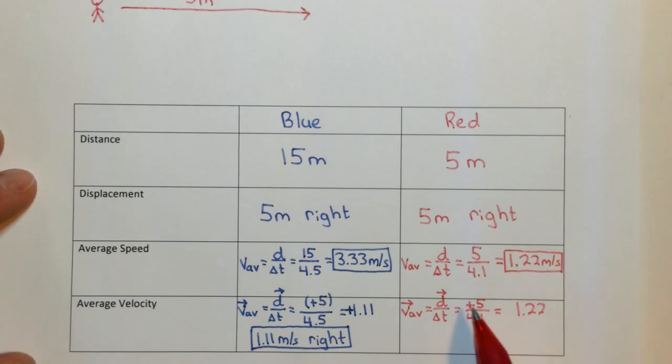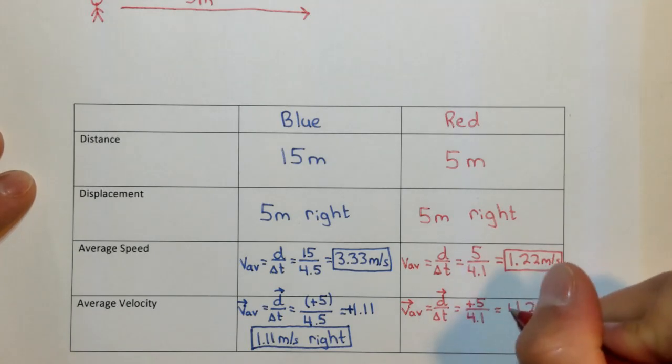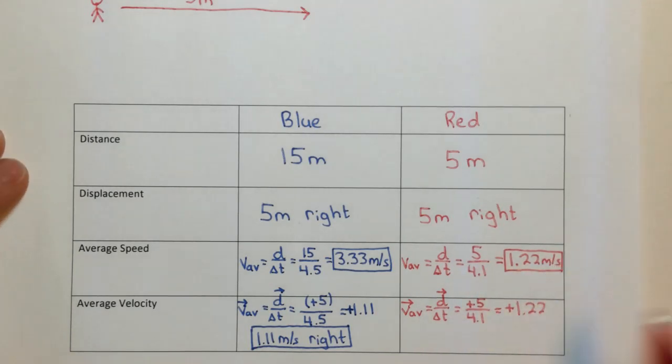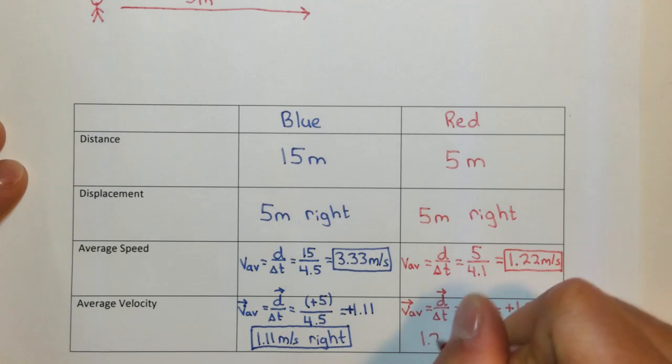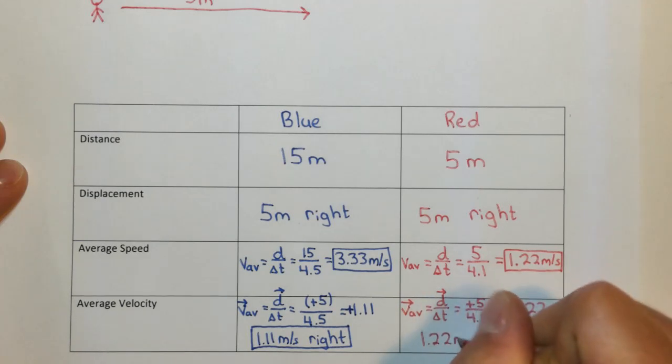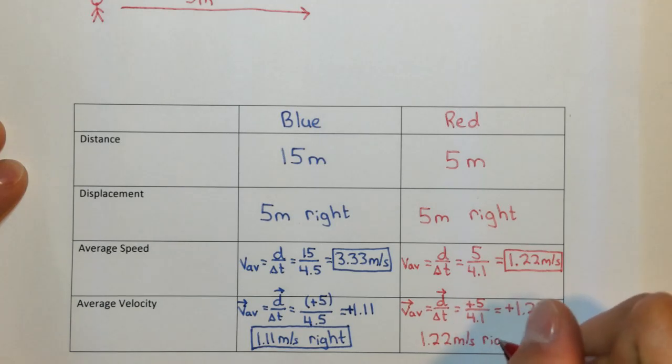But again, because I'm looking for a vector, I have to pay really close attention to whether my calculator gave me a positive or negative number. And indeed it was positive. So how do I interpret this? Well, the 1.22 means 1.22 meters per second. And the positive means the direction is to the right.